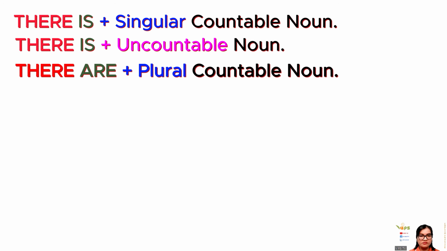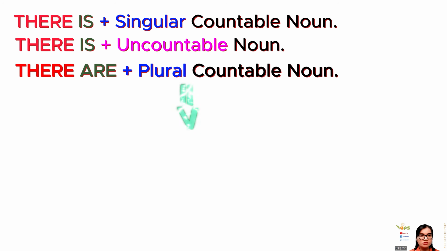Today we are going to practice the sentences with are there and is there. In the previous video, we studied the structure there is plus singular countable noun or there is plus uncountable noun, and there are plus plural countable noun.